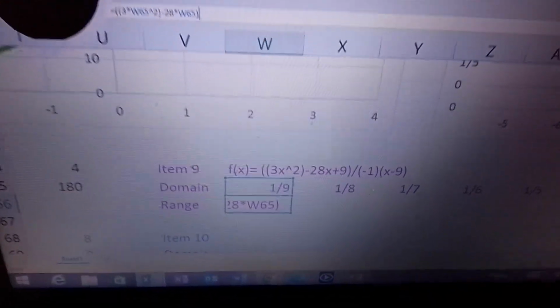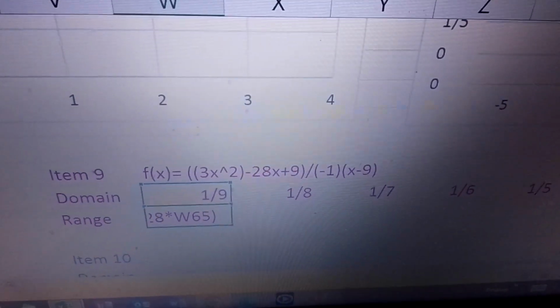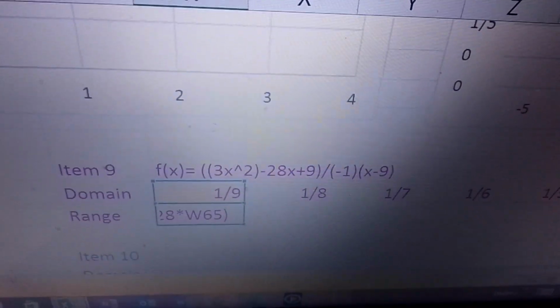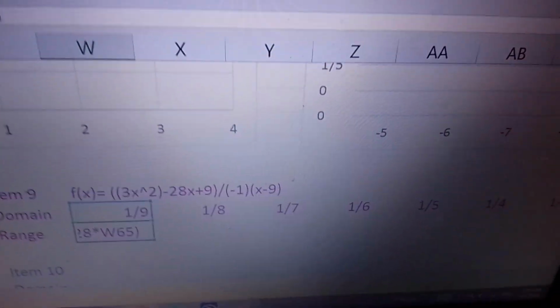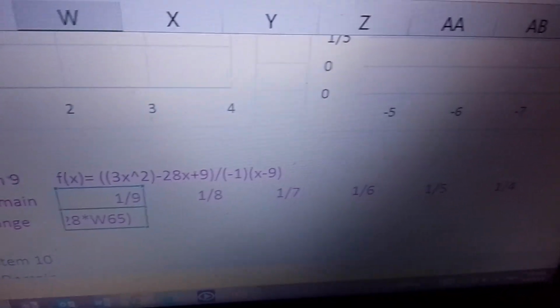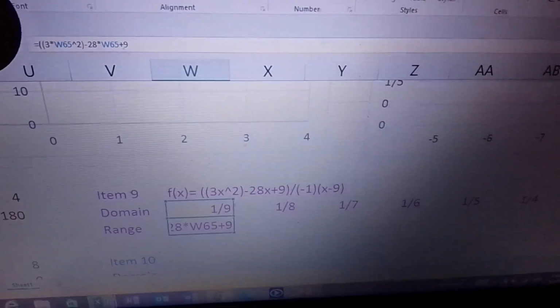Then, close. Are you copying right? Dapat it should be double parentheses, 3 times the cell you want, and then caret 2. Close parentheses. Minus 28 times the cell that you want. Then, I forgot, plus 9 pa yan. It's supposed to be added 9. So, you have to add 9 after that cell you want.